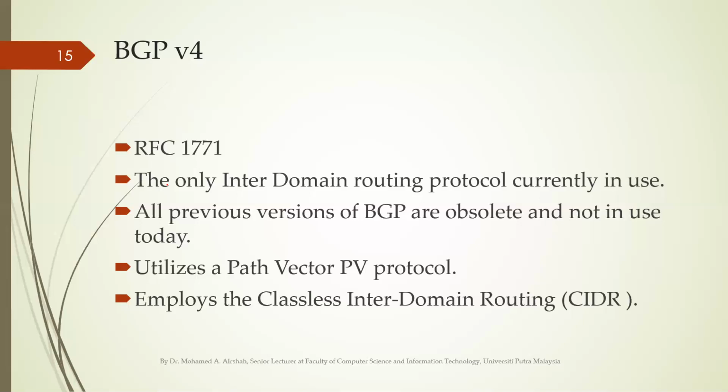So BGP is path vector, similar to RIP, which is not considering the link state between routers. It employs classless interdomain routing, CIDR. I already explained CIDR in a previous class, but if you forget about it, you have to go and remind yourself, search about it and find the main concept of it.